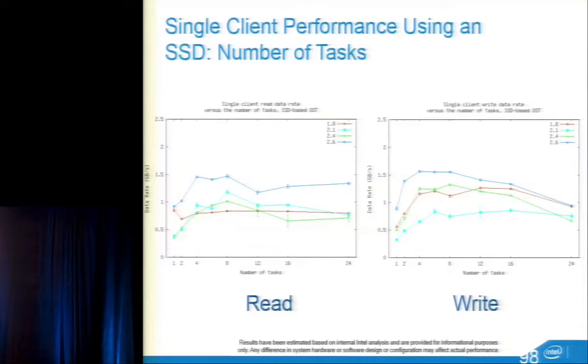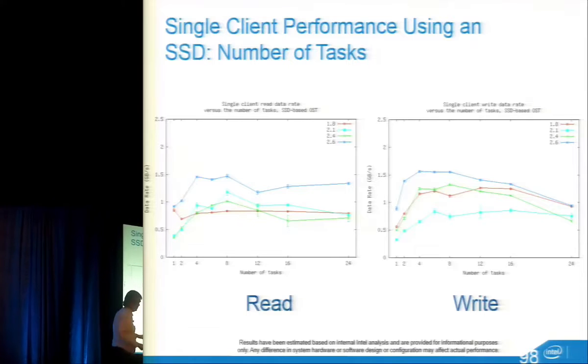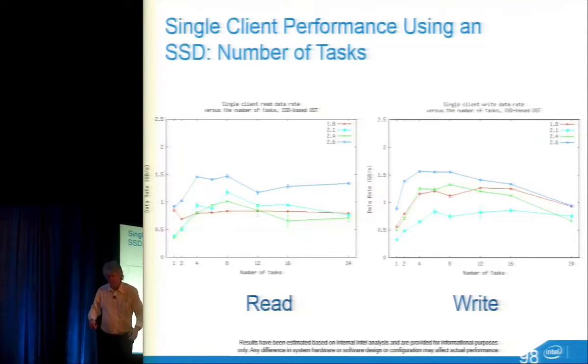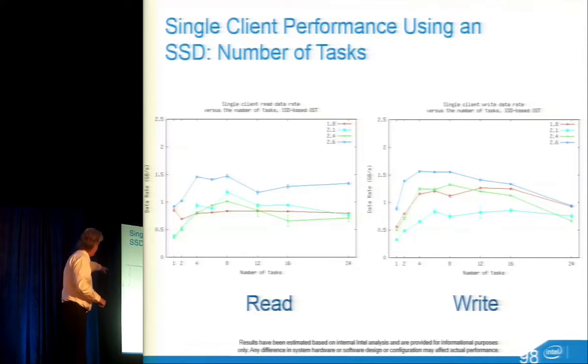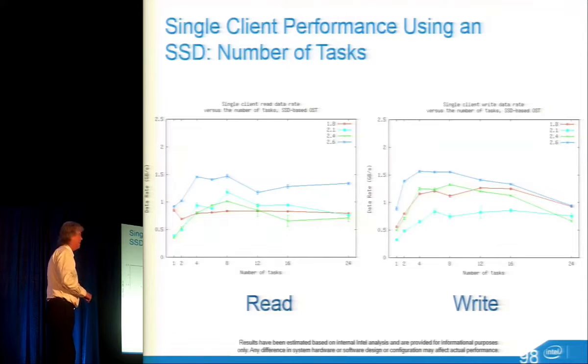So once you start increasing the number of tasks, you can see you can, under some circumstances, get more performance. The reads actually dipped for 1.8, so that'd be an interesting thing to investigate. I can't tell you exactly why. I'm sure there's some interesting stuff going on in there. In particular, I think read-ahead behavior has changed through the various versions, and so that might make some difference in how it responds to having the number of tasks going on.